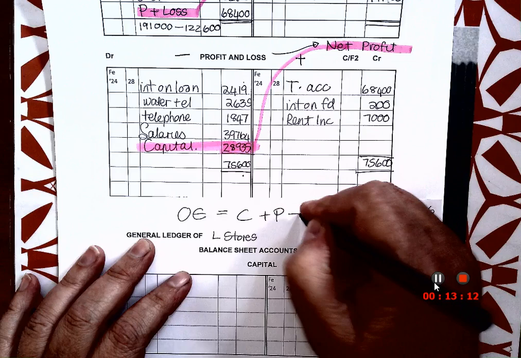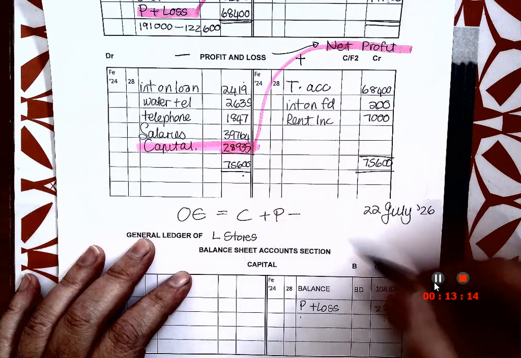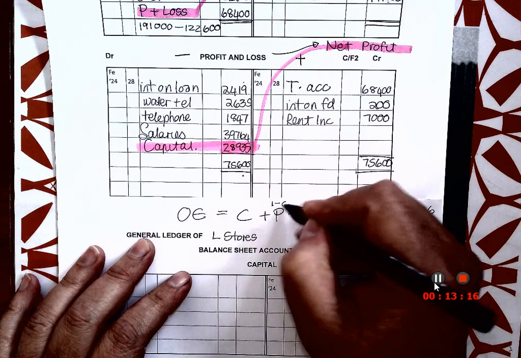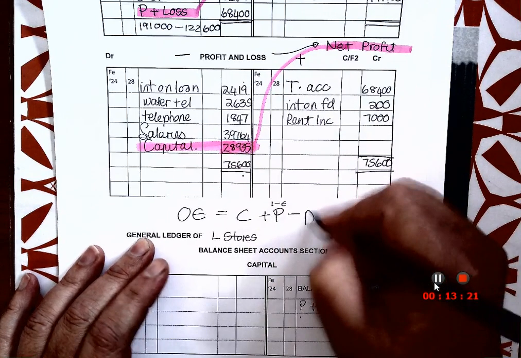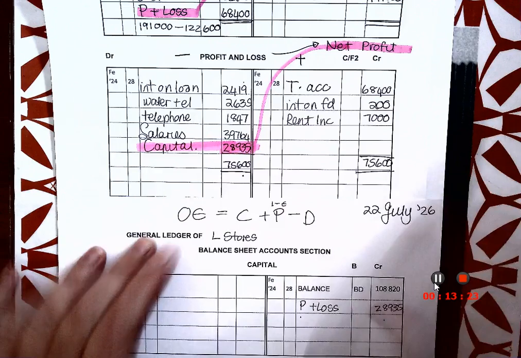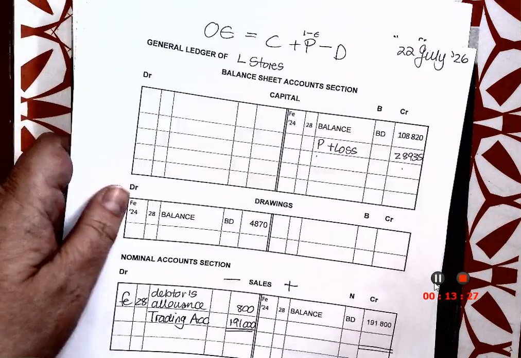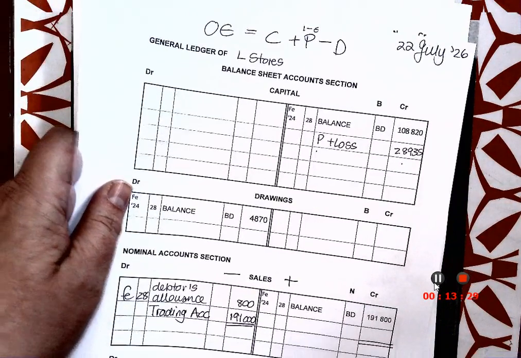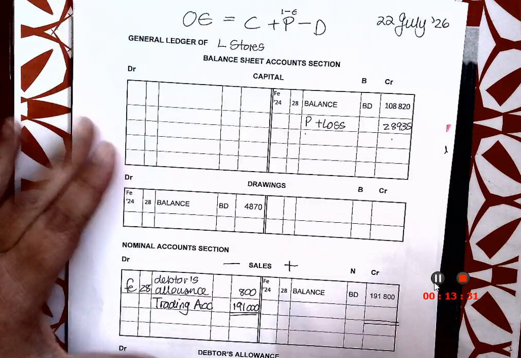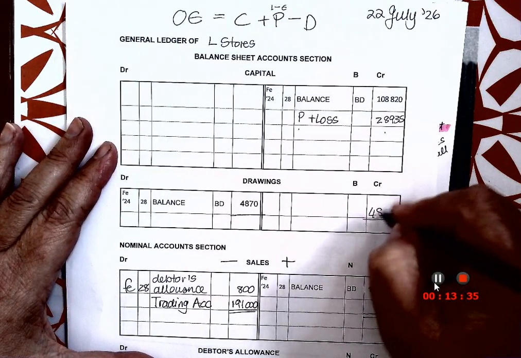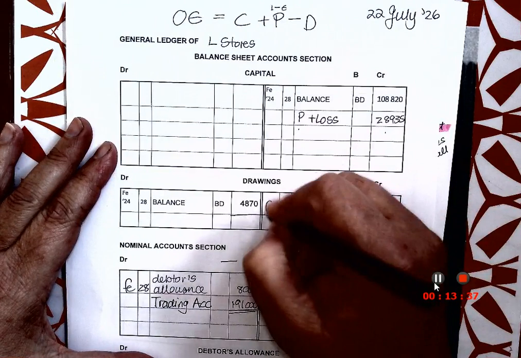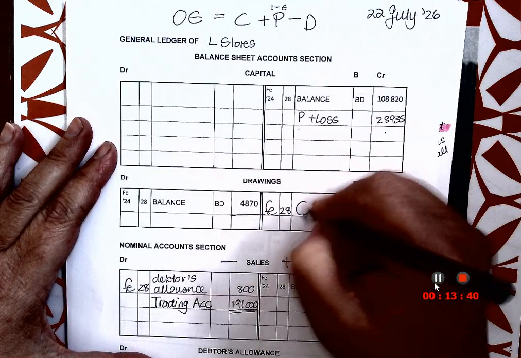And what do I subtract? Profit is income minus expense. What do I minus? Drawings. So can you see? My last step is going to be I close drawings. So I close drawings to capital.